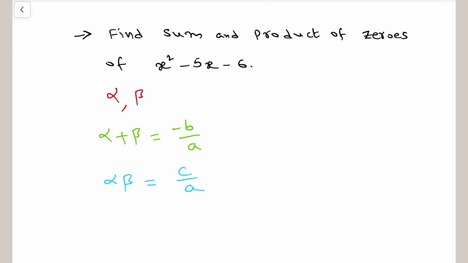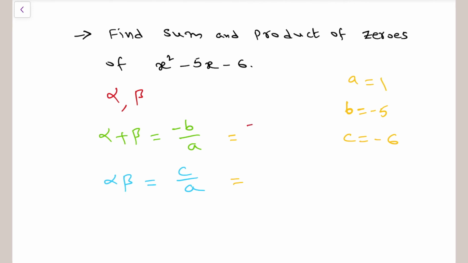So what are these a, b, c values? Again, it's very simple, same as the previous one. The x squared coefficient is a, so a value is 1. The x coefficient is b, so b value is minus 5. The constant is c, so c value is minus 6. Now let us substitute in our formula.